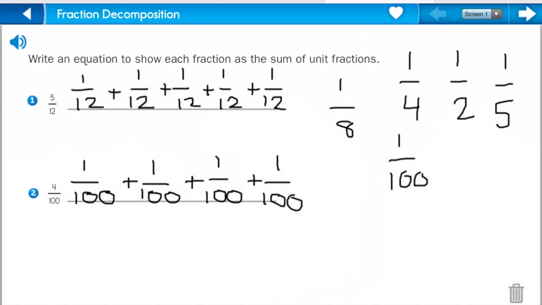So what I did here is I decomposed 4/100 by using unit fractions of 1 over 100 to equal 4/100. And this up here equaled 5/12. So that is how you decompose a fraction using unit fractions.